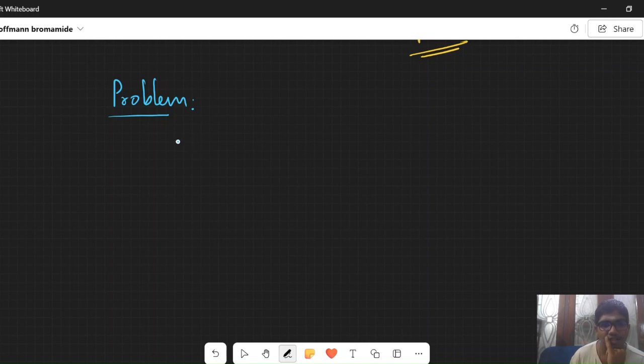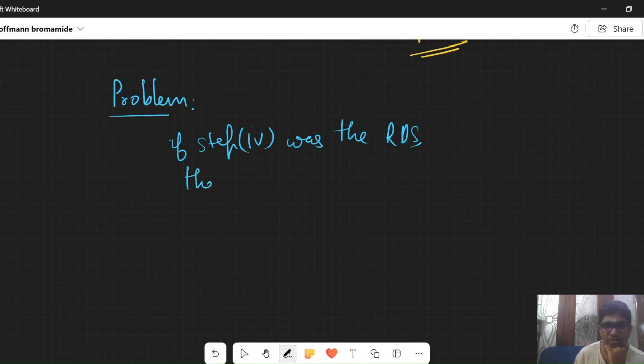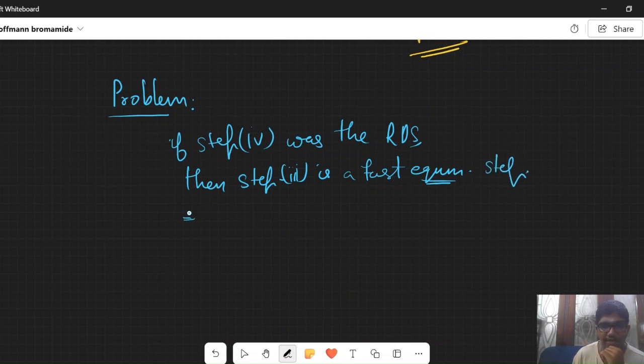If step 4 was the rate determining step, then step 3 is a fast equilibrium step. So this implies attack of H2O on nitrene is possible.